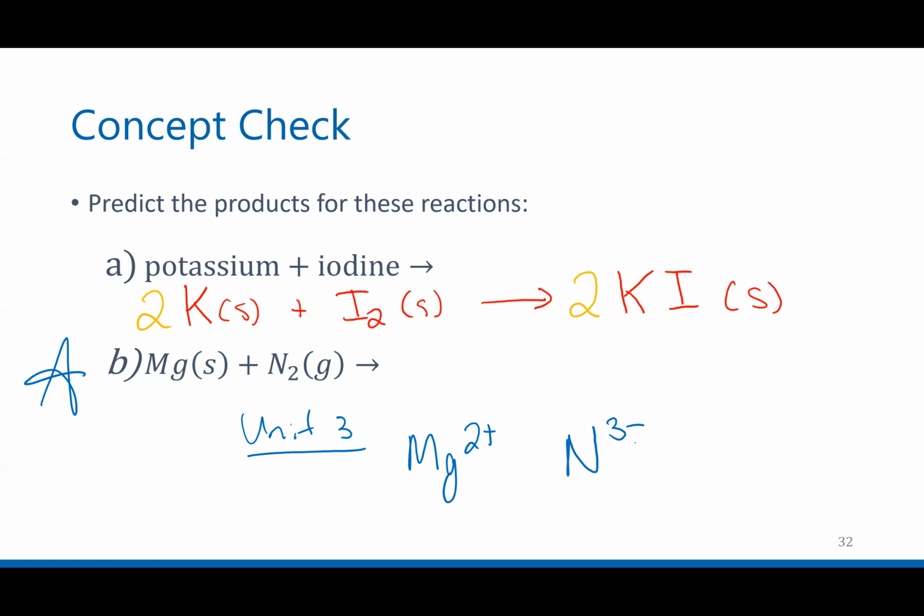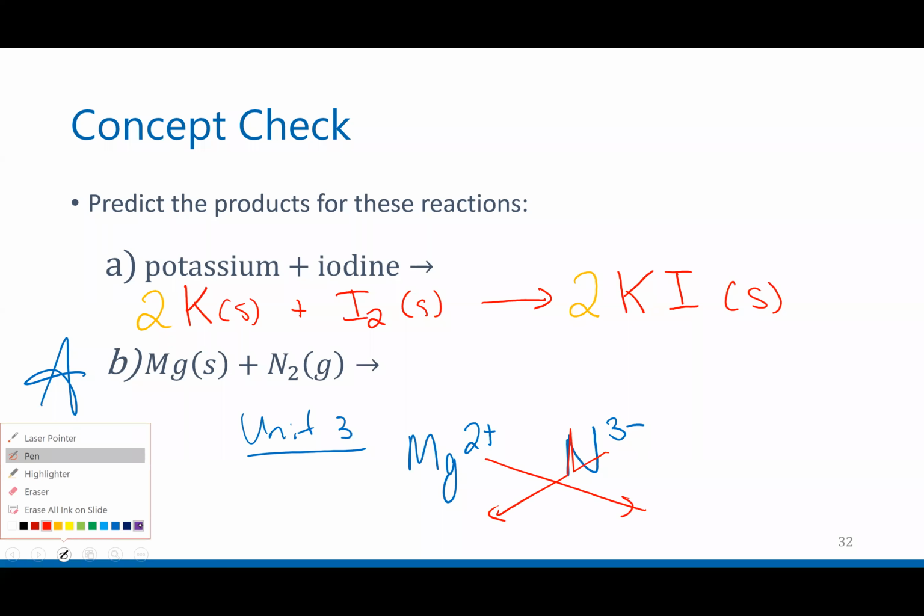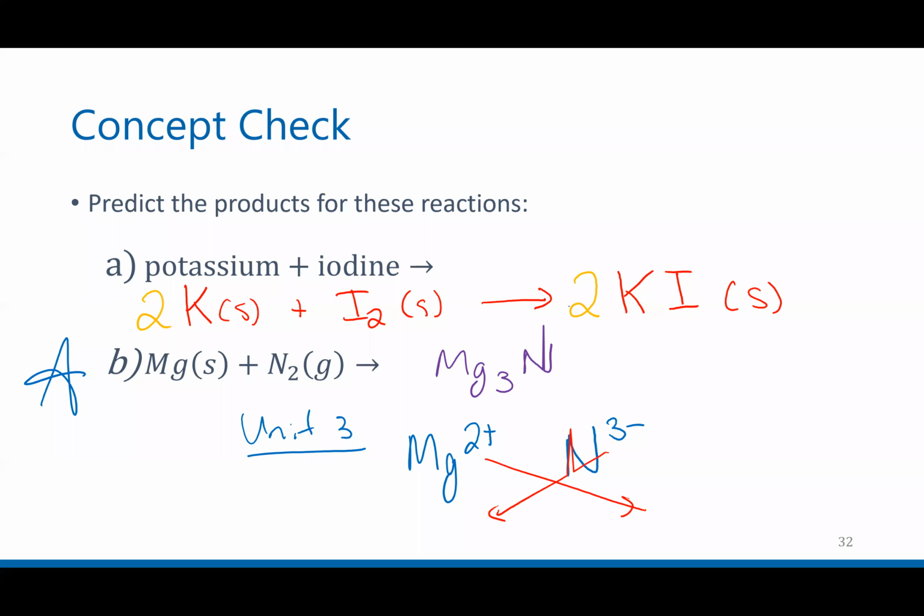Nitrogen is in group 5A or 15, so it has a charge of -3. Magnesium is in group 2A, so it has a charge of 2+. All I need to do to write the formula is crisscross my charges. So the formula I end up getting for this compound is Mg3N2.